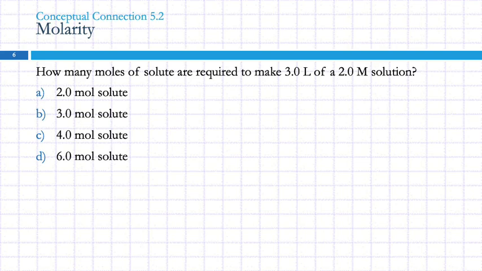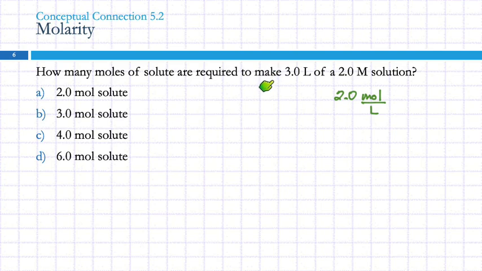So if we're trying to make 3 liters of a 2 molar solution, how many moles of solute would we need? When we see this 2 capital M, that means 2.0 moles per liter. Right, 6.